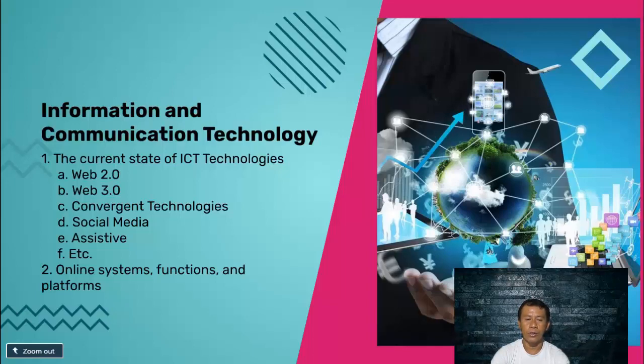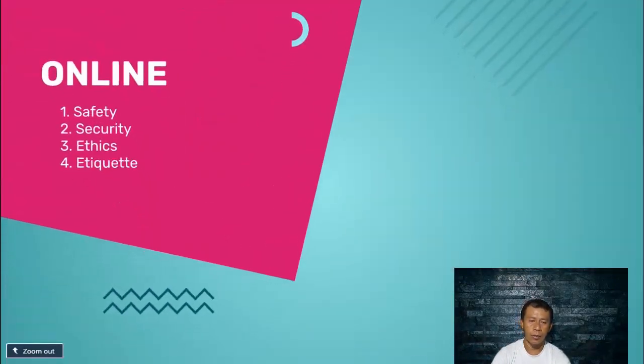For the online lesson, we'll talk about how to be safe online, its securities, and ethics and etiquette. When we do online activities, especially browsing, we have to know all these 4 topics, or 4 things that we will consider.